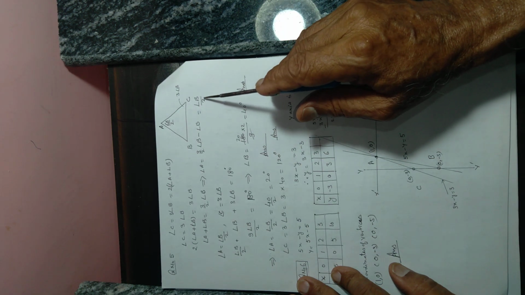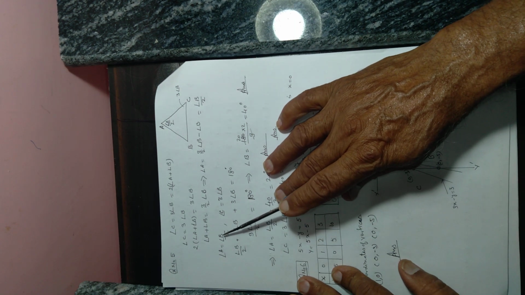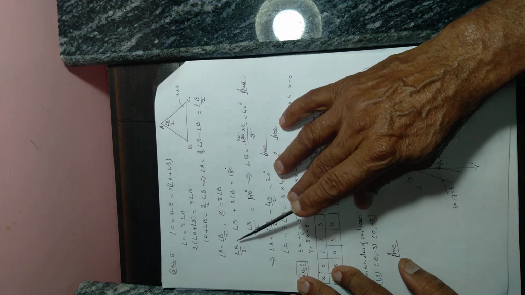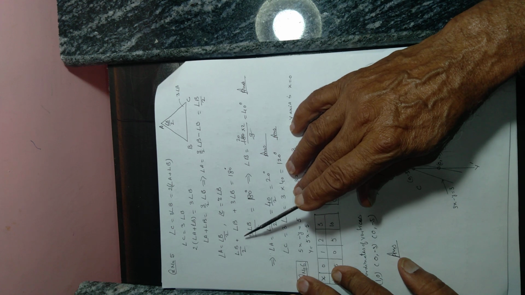So we will get angle B divided by 2. So angle A is equal to angle B by 2, and angle C is equal to thrice of B.